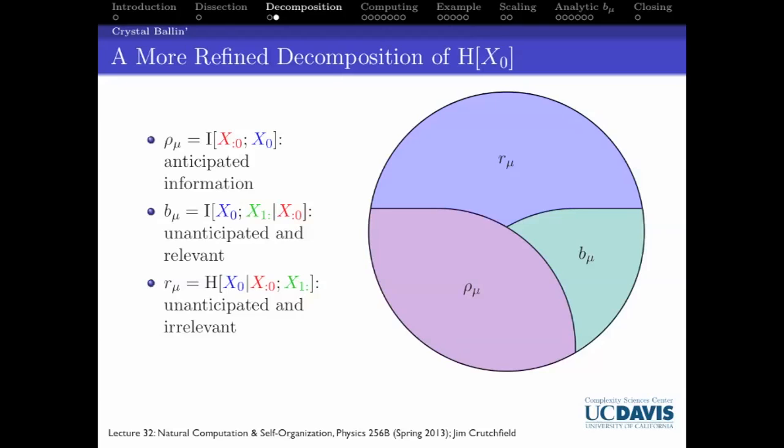If you flip a fair coin, well, a fair coin or any IID process, there's no information shared between that observable and any that came before or afterwards. So all of the information is here in r mu. So periodic processes are dominated by rho mu. IID are dominated by r mu. And most other complex processes involve some mixture of all three. And we'll see some examples in your homework and later.